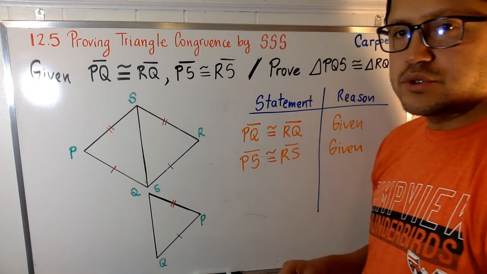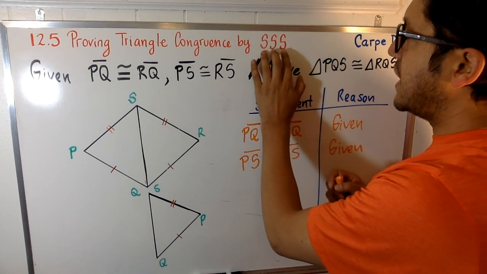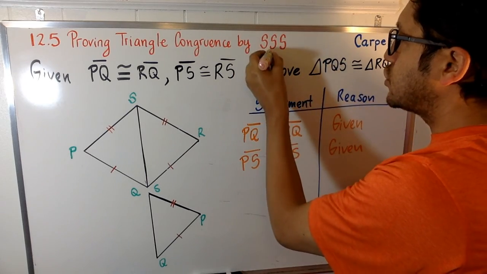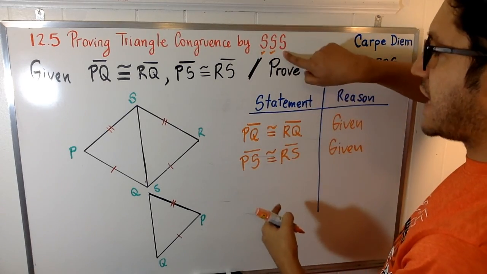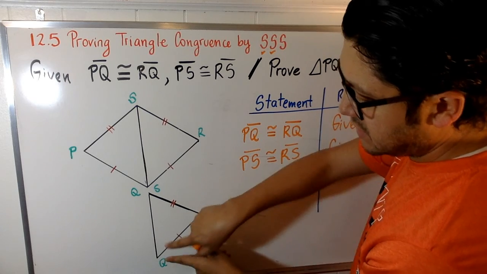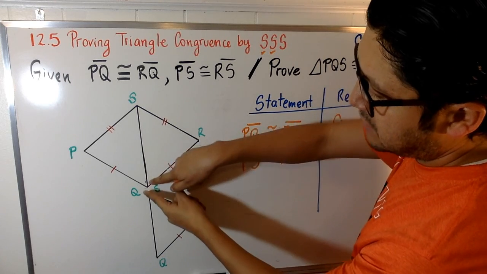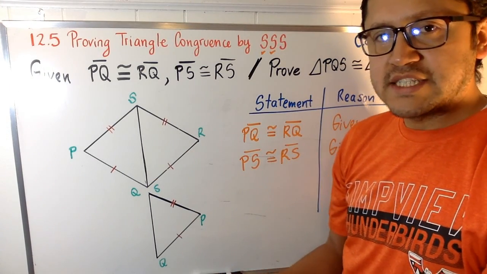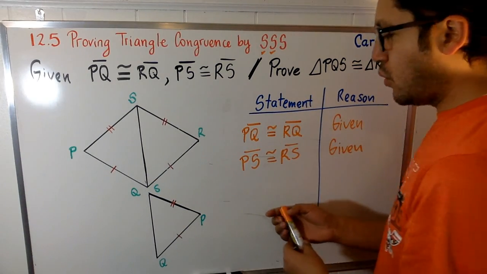Finally, I need you to look at this. We are using SSS. We already have two of them, and now we need the last one. The last one is QS and QS. They are sharing this segment. It's the same for both.